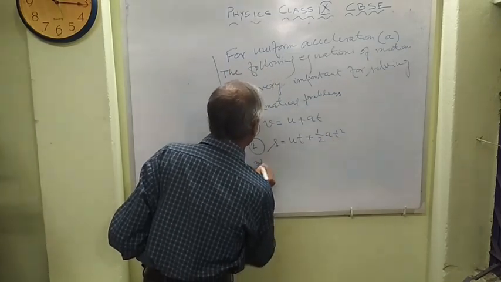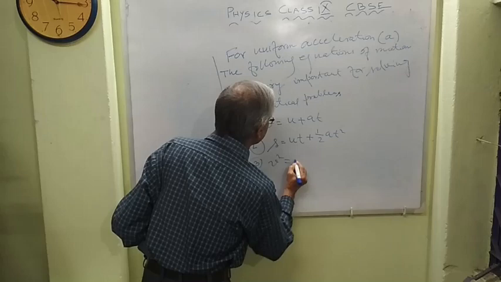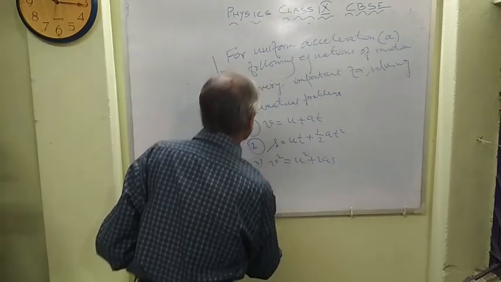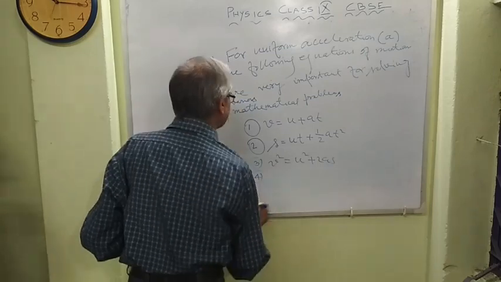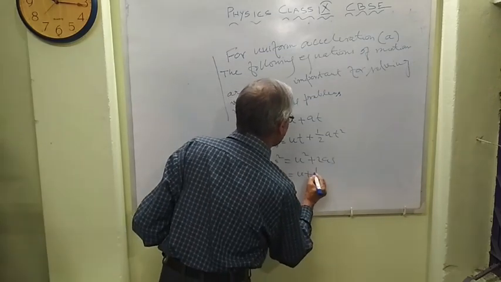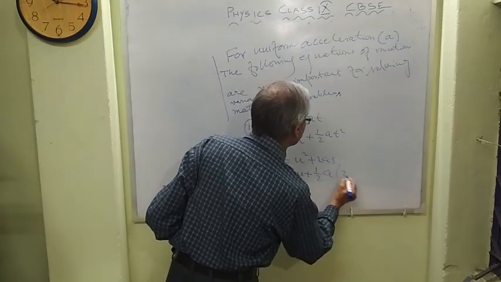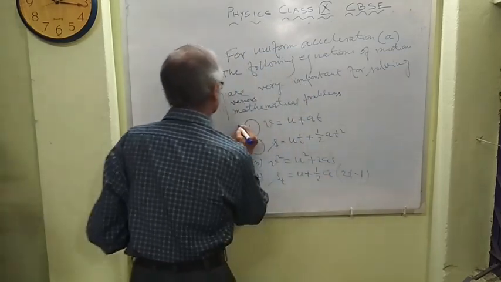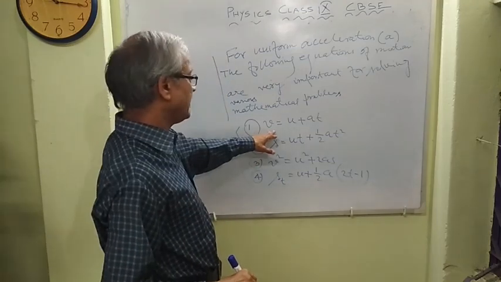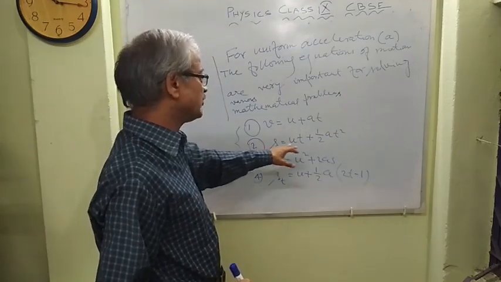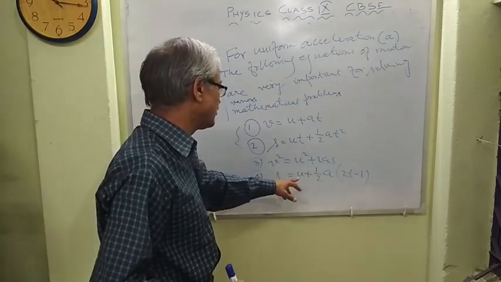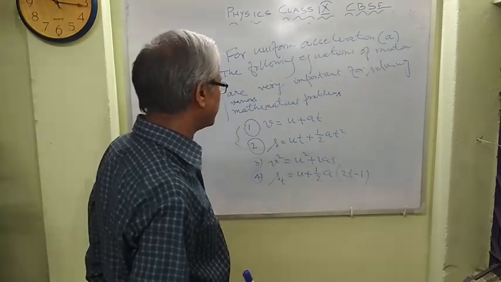Number 3, v squared equals u squared plus 2as. And lastly, s_t equals u plus half a into 2t minus 1. These four equations are very important: v equals u plus at, s equals ut plus half at squared, v squared equals u squared plus 2as, and s_t equals u plus half a into 2t minus 1.